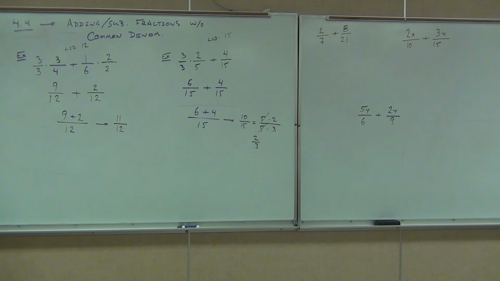So we're finding the LCD first. We use that LCD to make up some equivalent fractions. So you're multiplying both the numerator and denominator by some number. Then we add and subtract them, and finally we simplify if we can.